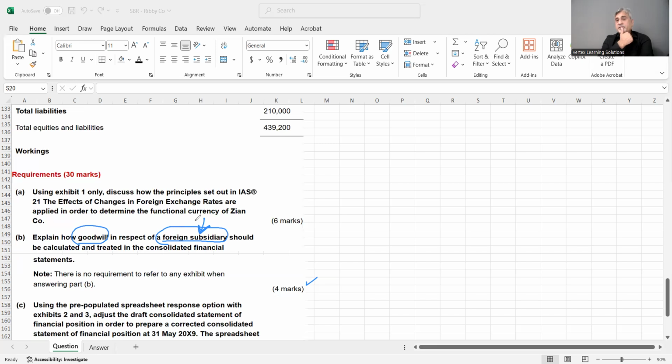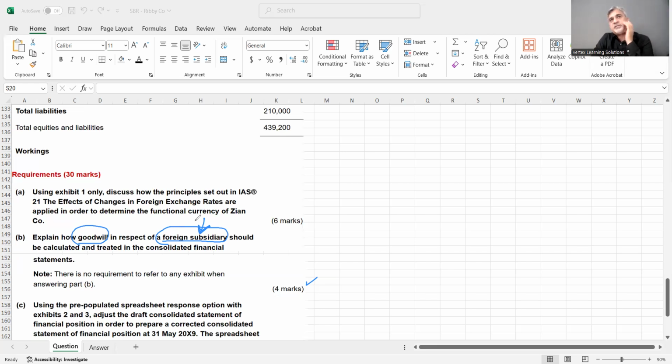In the case of a foreign subsidiary in which the parent has the goodwill, the initial measurement is done in the local currency. Now that's where the examiner wants to listen. Here the answer starts, where the examiner is really looking at whether you know this or not.